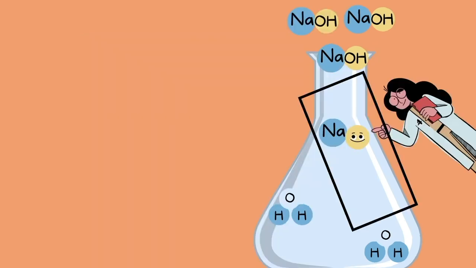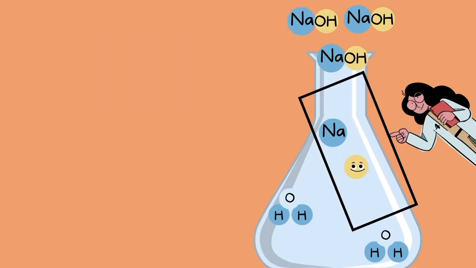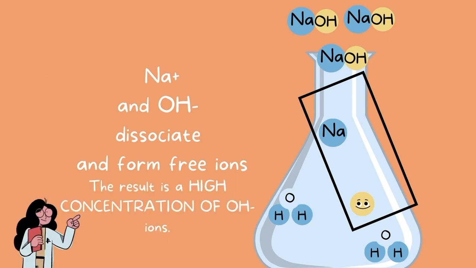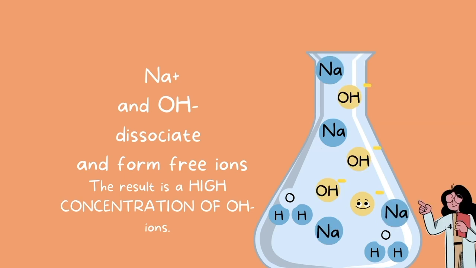If we take a close look at the sodium hydroxide, we'll notice that OH is going to dissociate or separate itself from sodium. Basically, sodium and OH are going to separate, and they're going to form free ions. The result is a high concentration of hydroxide ions. Because sodium hydroxide is such a strong base, it's going to dissociate completely inside the solution. So it's going to look a lot like this.